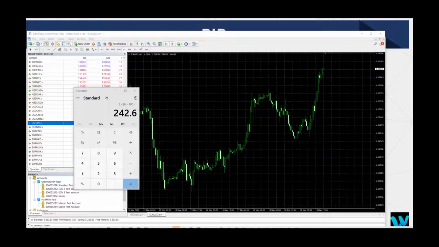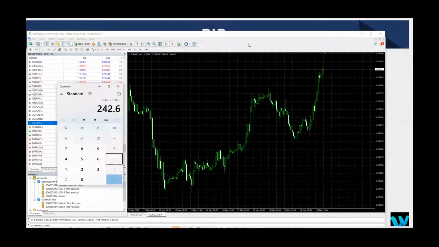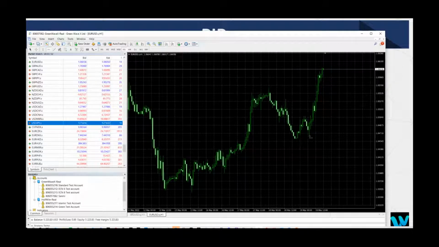So let's look at how we do this on the MetaTrader 4 without doing calculation. Let me use some drawing tools here. On the MetaTrader 4, we have this toolbar here where we can pick. If I want to draw a horizontal line, I can pick it and drop it anywhere on the price.